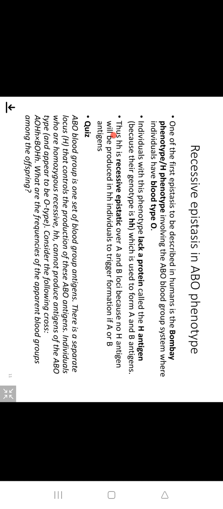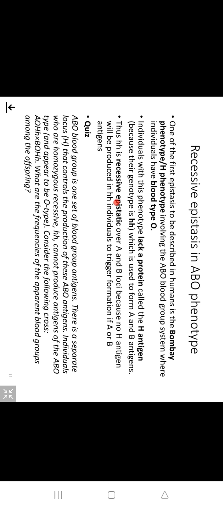So thus, hh is recessive epistatic over the A and B loci, because the H antigen must be produced to trigger the formation of A and B antigens.